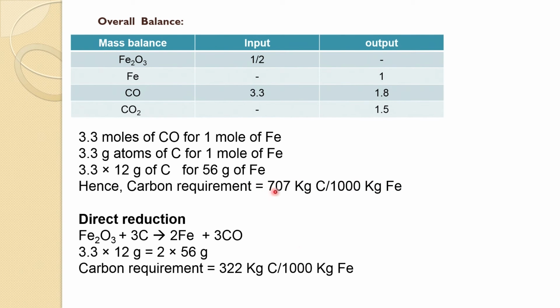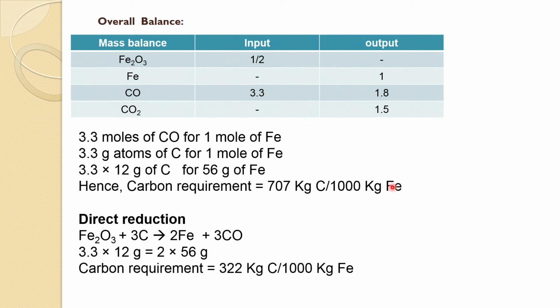So, what it is telling is that in indirect reduction under counter current condition, you need only 707 kg of carbon to get 1 ton of iron.